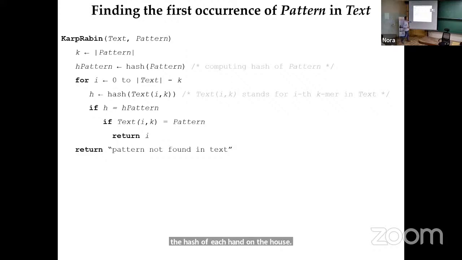Afterwards, you check whether the computed hash of the k-mer at position i coincides with the hash of the pattern. If it doesn't coincide, then of course the pattern doesn't appear at this position. If it coincides, you have an obligation to check whether this pattern indeed appears at this position because there are collisions. You do this check, and finally, if the k-mer at position i coincides with this pattern, we return position i, otherwise we return pattern not found. Trivial, right?